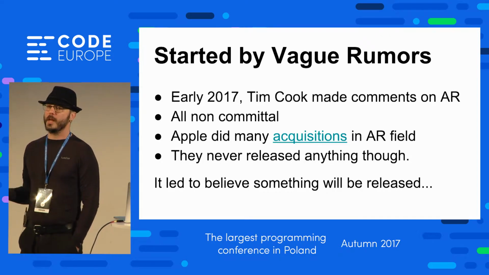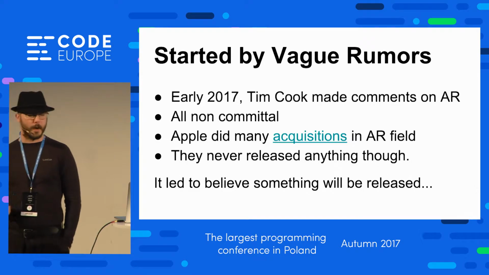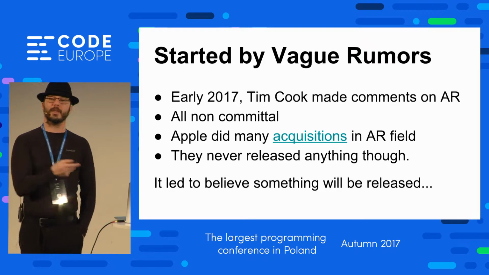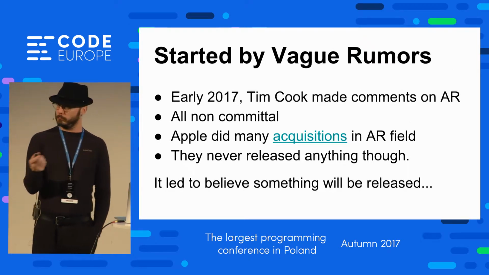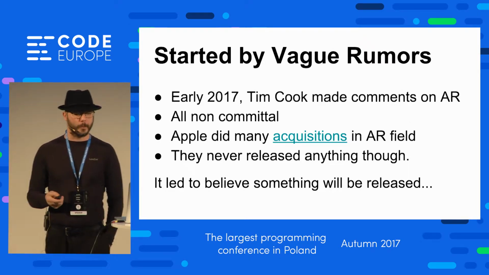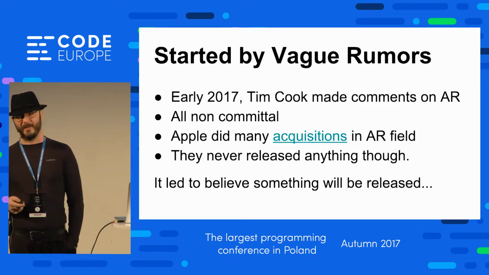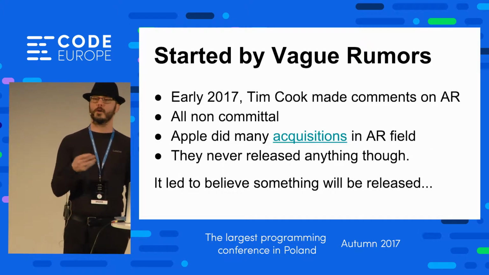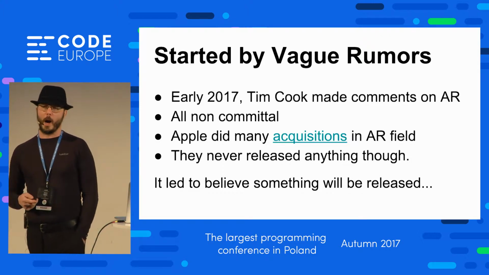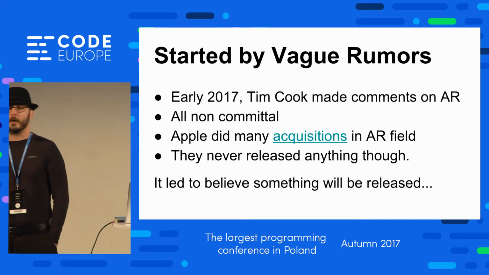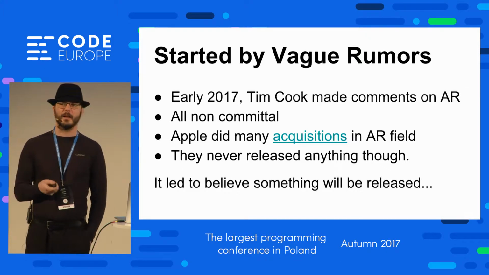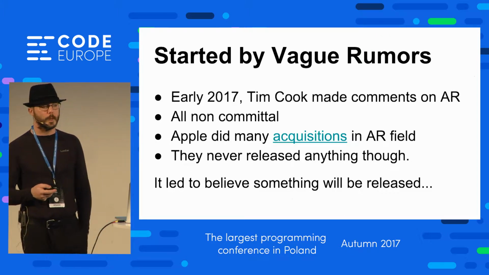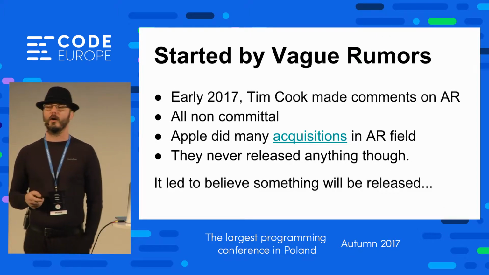So now you have a good idea of how it all got started. What happened after that? We started the history in February of this year. In June of this year, something big happened in augmented reality: the announcement of ARKit. Apple announced ARKit. It all started at the beginning of the year with vague rumors from Tim Cook, CEO of Apple.